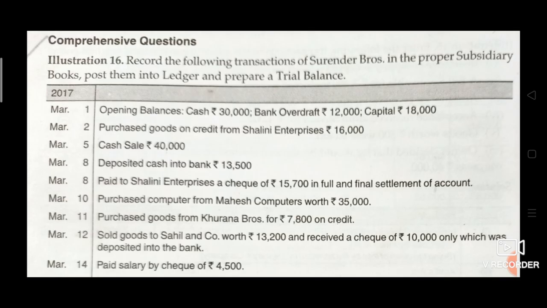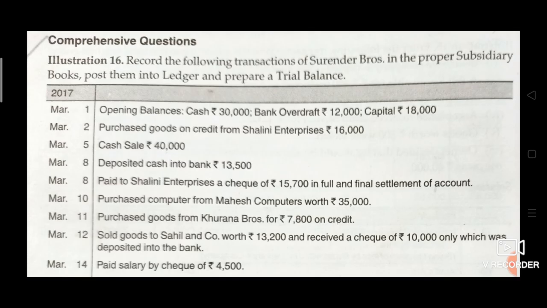25th March, withdrawn from bank rupees 7,000 for office use and 2,000 for personal use. This entry will be recorded in cash book. 26th March, cash sales rupees 12,000, cash book. 27th March, return goods worth rupees 1,000 to Khurana Brothers. This is purchase return, so purchase return book.